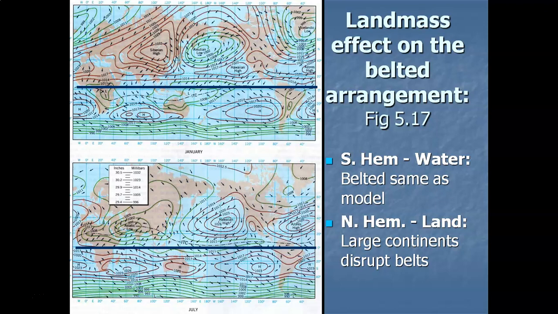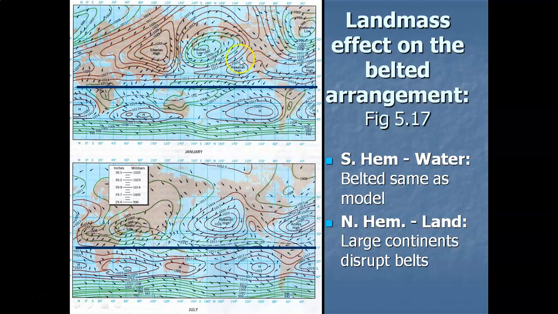And this heating and cooling of the land in relation to the oceans wind up disrupting our nice belted arrangement. So you need to know the arrangement, but you also absolutely need to know what's going on in the northern hemisphere in January to our belted arrangement.